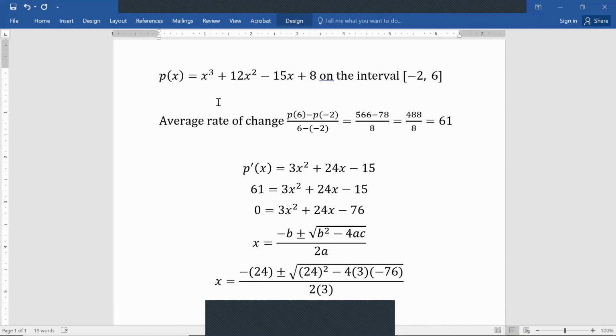So you could find multiple values of x in an interval which have the correct instantaneous rate of change, the correct one being the one that matches up with the average rate of change.